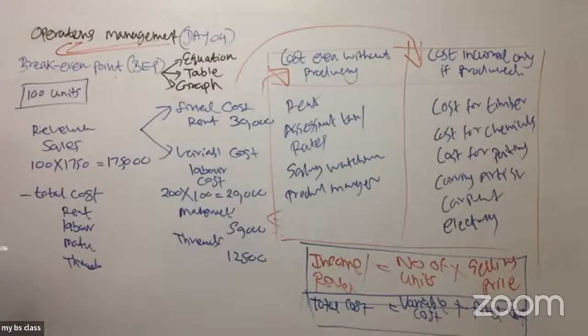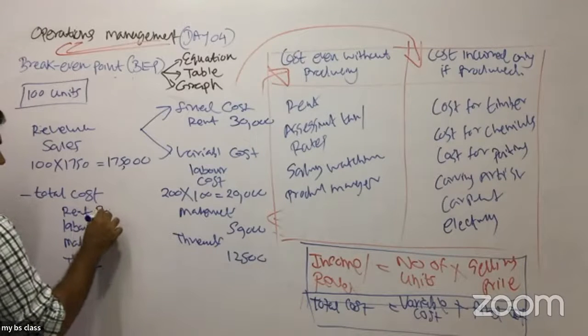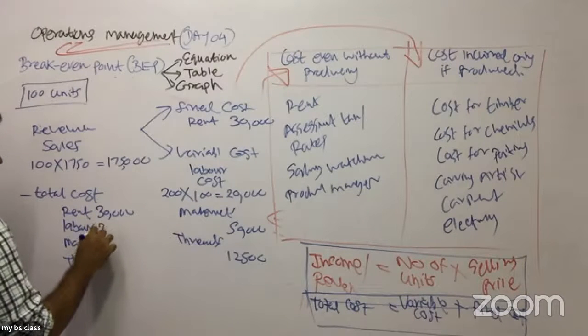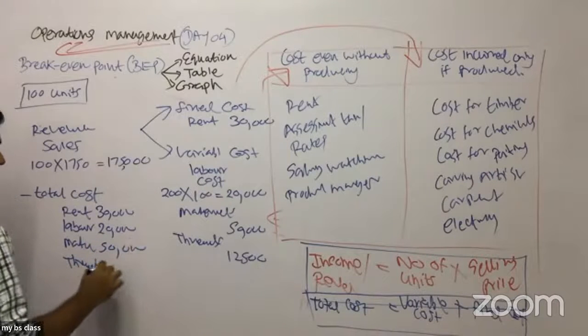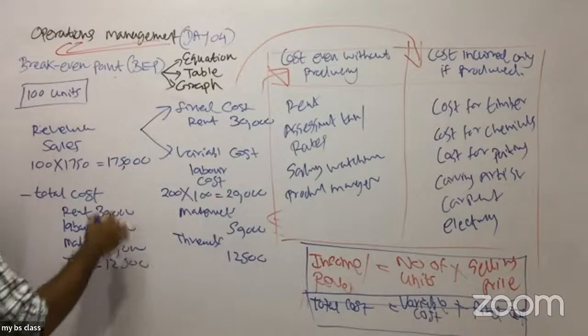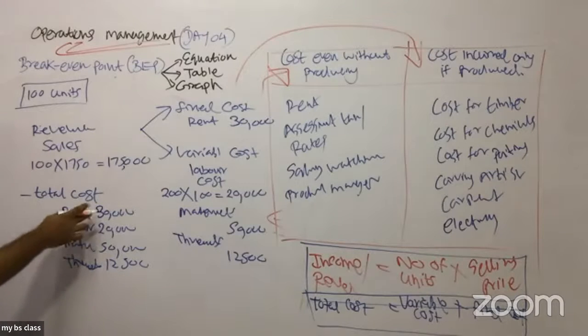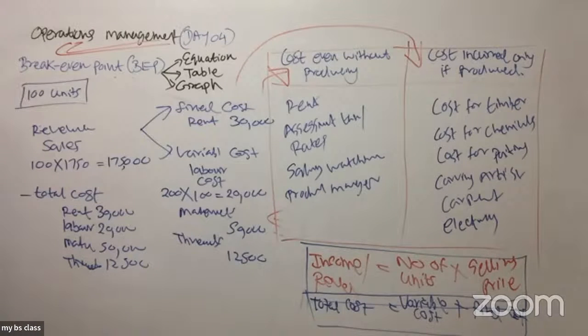So your rent is 30,000, labor 20,000, materials 50,000 and threads 12,500. So 30 plus 20 is 50, plus 50 is 100,000, plus 12,500 is 112,500.